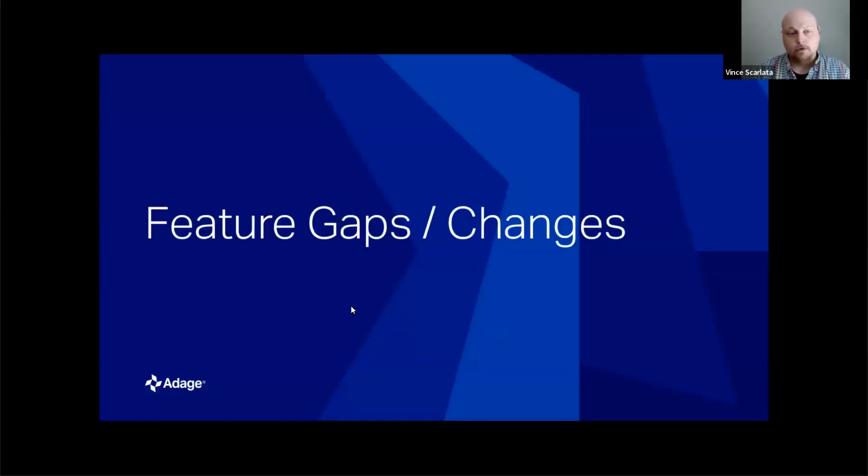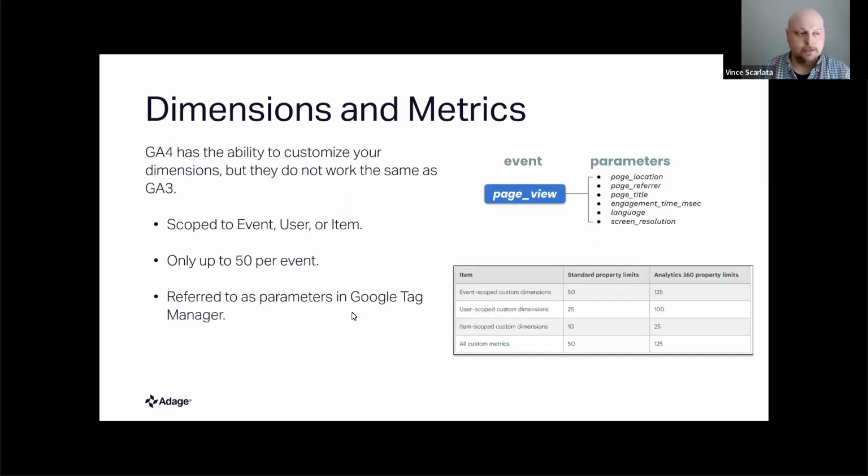Our next thing we're going to look at is feature gaps and changes. The first one is going to be dimensions and metrics. GA4 has the ability to customize your dimensions, just like it was within GA3, but they don't work the same. Within Google Analytics 3, we had a way to attach additional data with those parameters over.